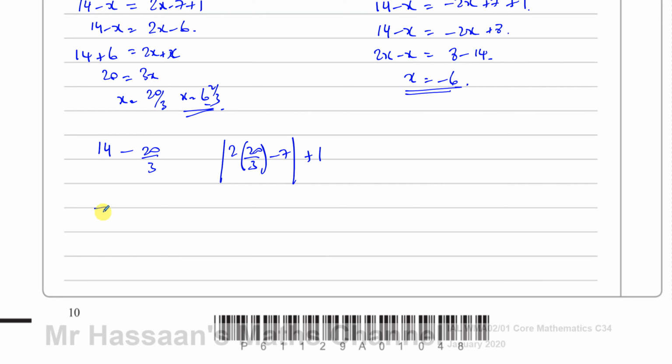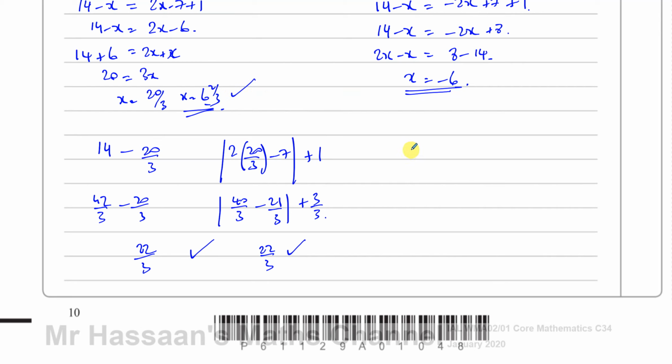So 14 is 42 over 3, minus 20 over 3. That gives us 22 over 3 on this side. And here we're going to have the modulus of 40 over 3 minus 21 over 3, plus 3 over 3 at the end so we can add everything together. So 40 minus 21 is going to give us 19. 19 over 3 plus 3 over 3 is also 22 over 3. So we know that that's correct, because the modulus of 19 over 3 is just 19 over 3. So we know that this is a true solution.